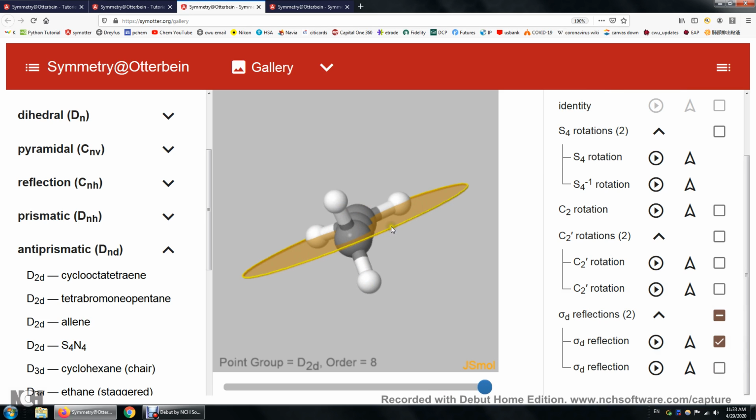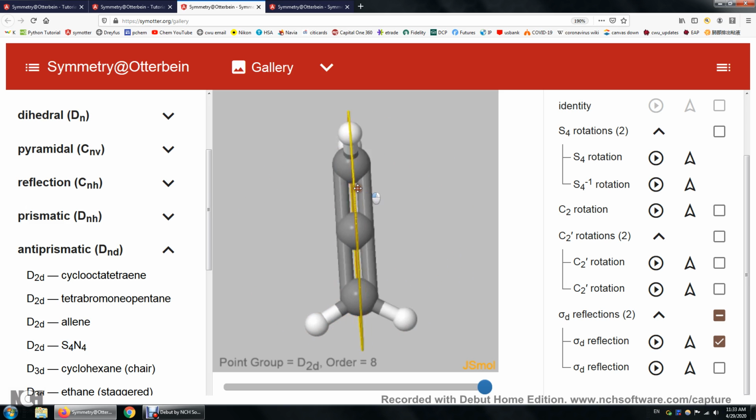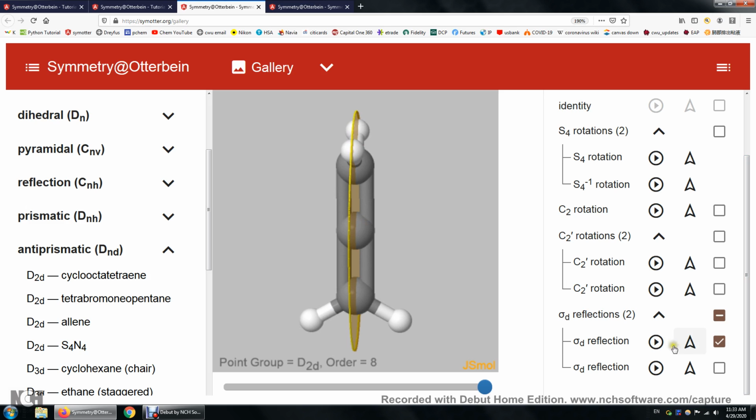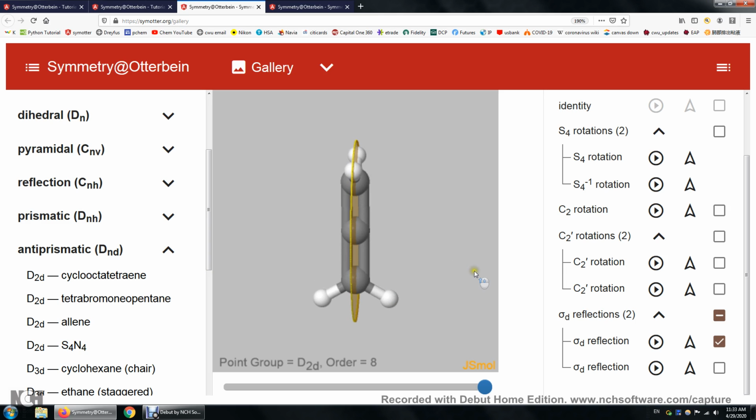The other four atoms, the two carbons and these two hydrogen atoms, are on this symmetry plane, therefore there's no effect. Let's do this again. Reflection of these two hydrogen atoms. All right, and then this is a D2d point group.